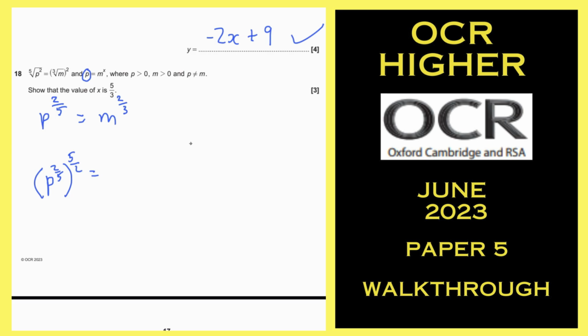It's multiply the tops, multiply the bottoms, you'll get 10 over 10, you'll get 1. Now you can't just raise the left-hand side to the power of 5 over 2 without raising the right-hand side to the power of 5 over 2.